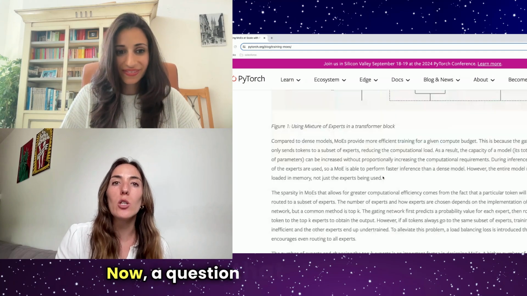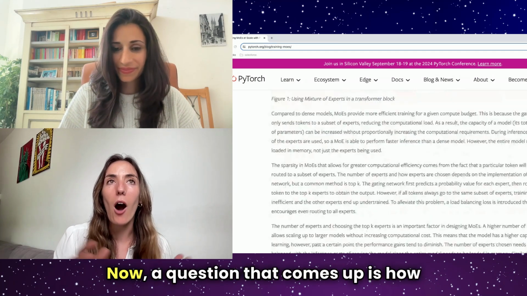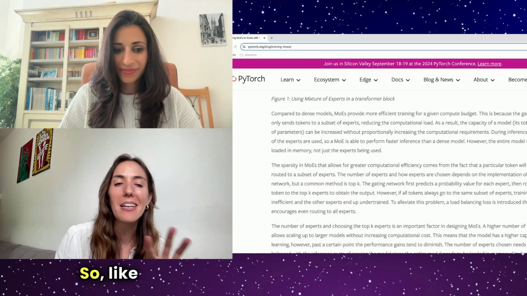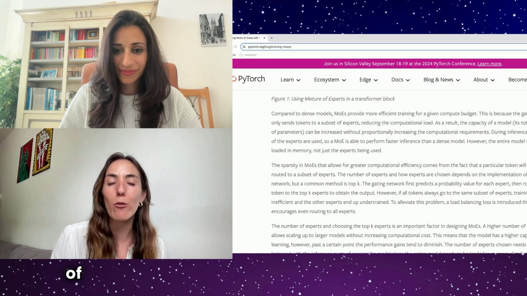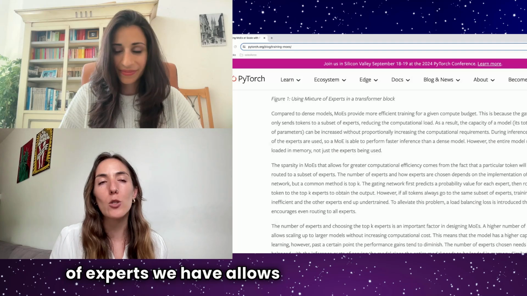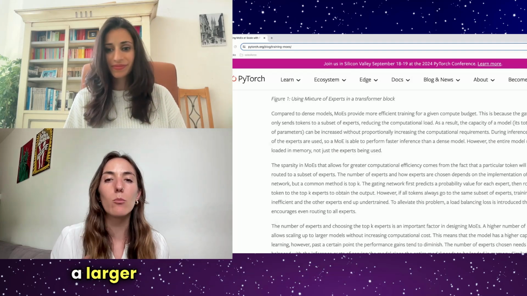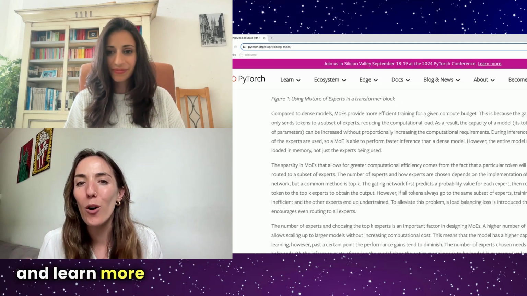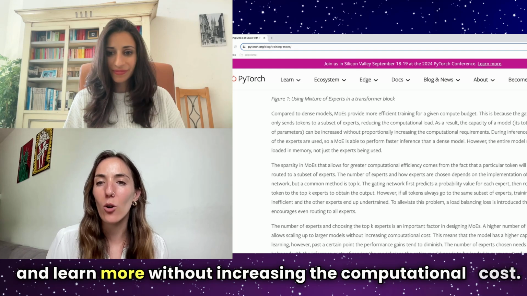Now, a question that comes up is how many experts, and how do you define that? A rule here is that a higher number of experts allows the model to be larger and learn more without increasing the computational cost.